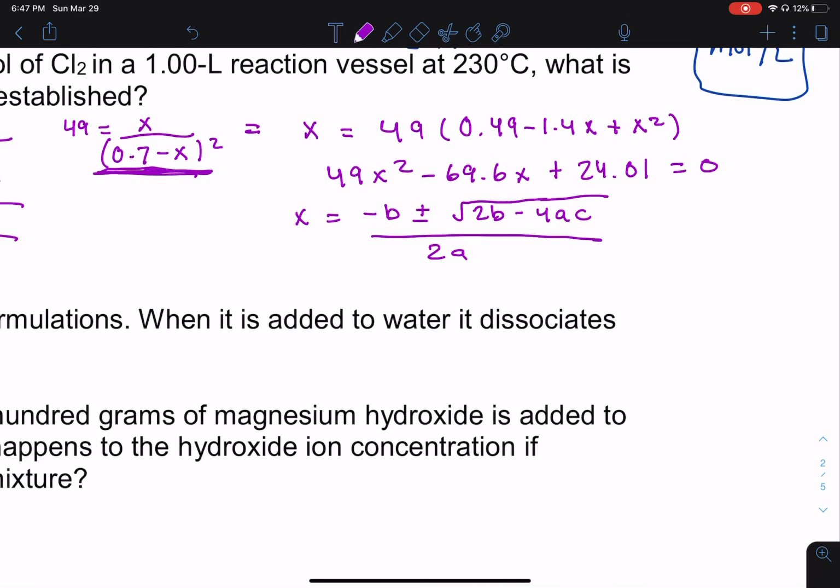And then that will just be 69.6 plus or minus, sorry, I made a mistake right here. This is supposed to be b squared.